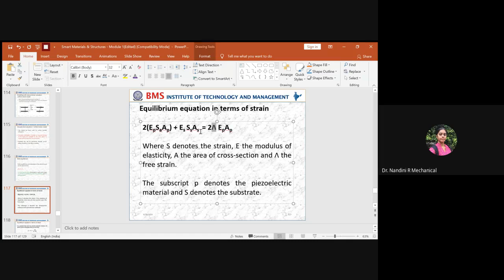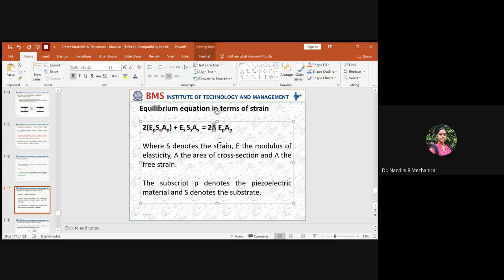Okay. So it should be equal to twice the free strain value times the modulus of elasticity of the piezo element and the area of the piezo element. So this is the condition for equilibrium in terms of strain to develop a uniform strain model.